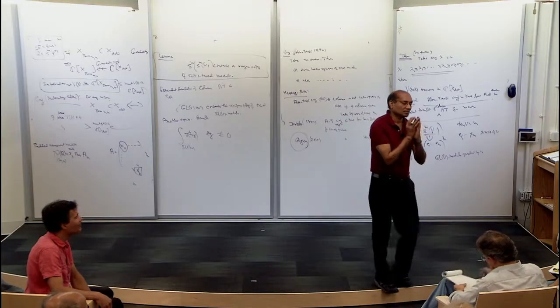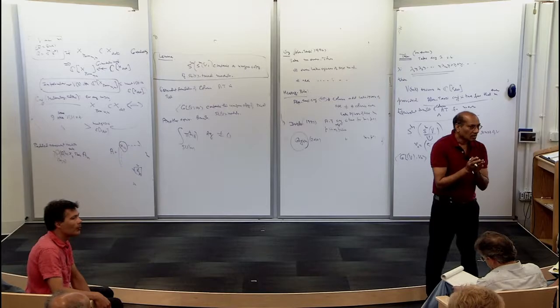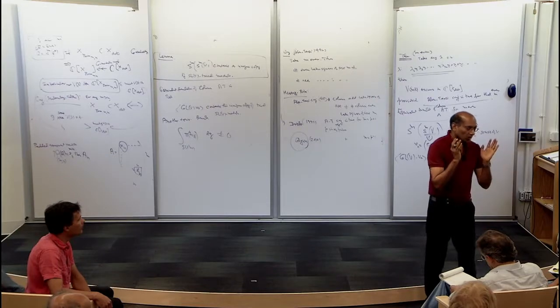So maybe I don't fully understand. The assertion is there is no counterexample, there is no interesting vanishing for multiples of 3. Correct. There are very big integers that are not multiples of 3. So the conclusion is there is no asymptotic obstruction, and I can't understand this last step.